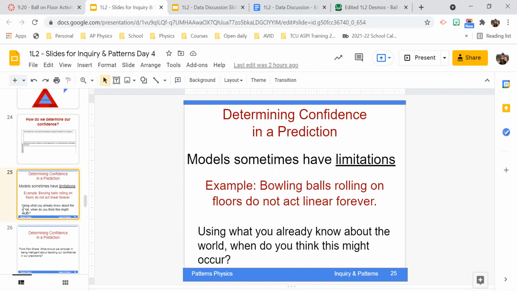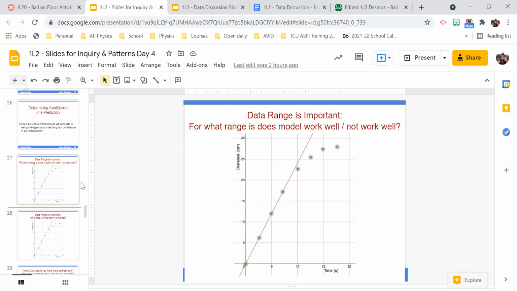So you may start to notice with your graph, and I did notice this with 1 or 2 of you that did this in person, your graph had this beautiful shape, and then it just kind of started to curve off. So we were looking at a pattern almost like this with one of the data points, and that's okay. We expect that. Just don't try to match that pattern, because at this point it starts to wear down. It doesn't make sense anymore. So we're focusing on the pattern that did make sense.